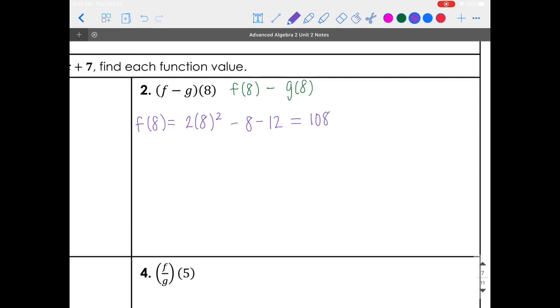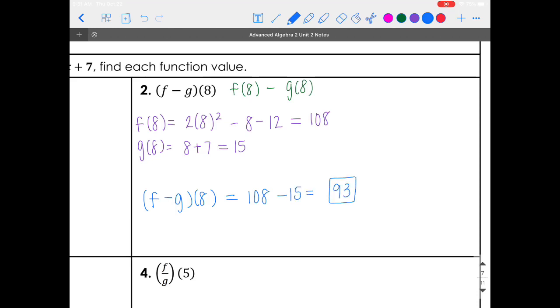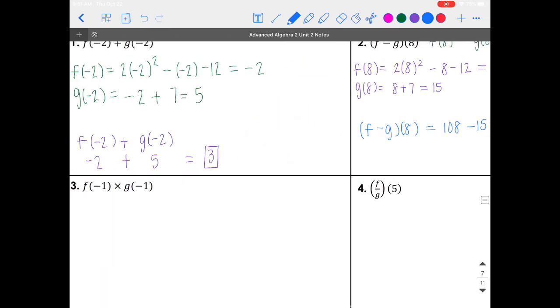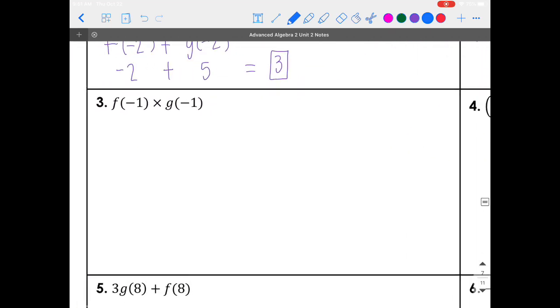Or you could just type in 8 like you normally would. Just another way to do it. g of 8 is 8 plus 7, which is 15. So, f minus g of 8 is 108 minus 15, which is 93.